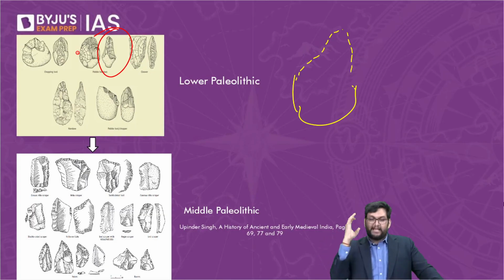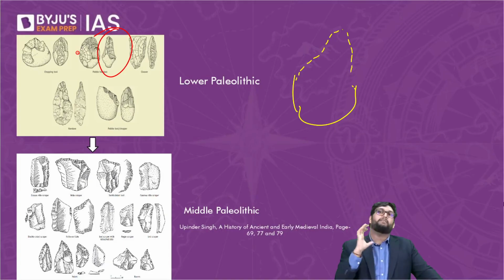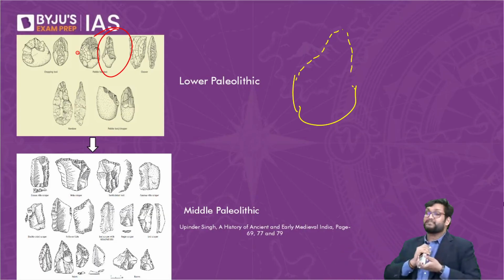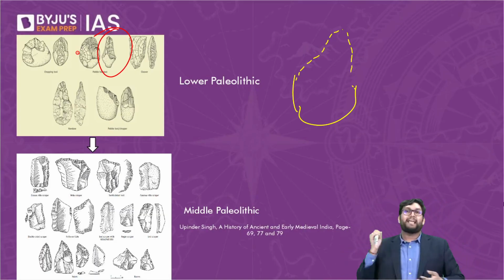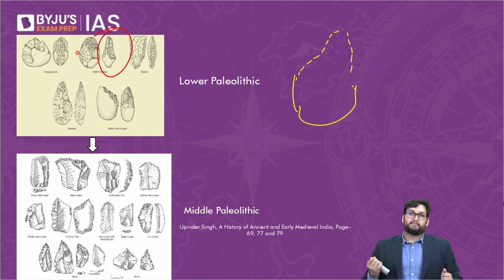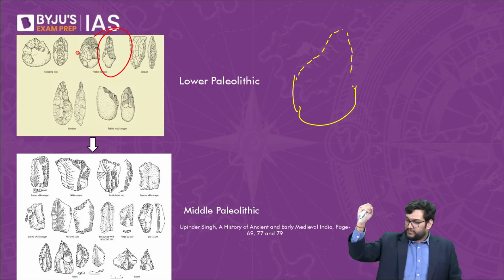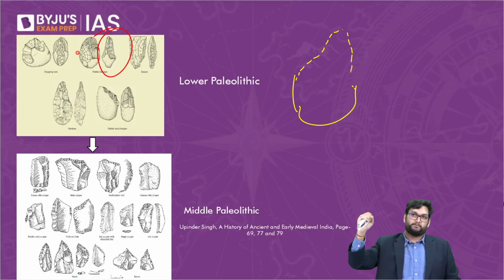Hand axes are the first tool we ever see which humans develop. This is very important, because the animal is bulky, it cannot run fast. So human could run faster and kill the animal with hand axes.